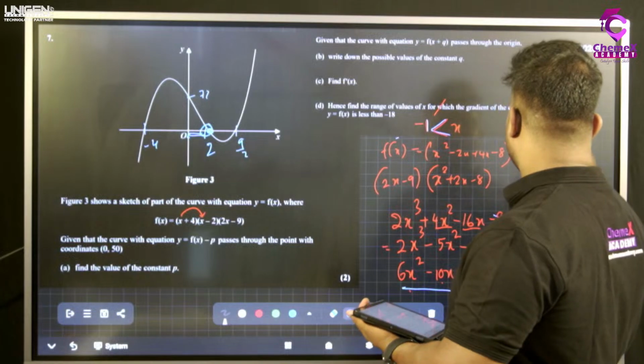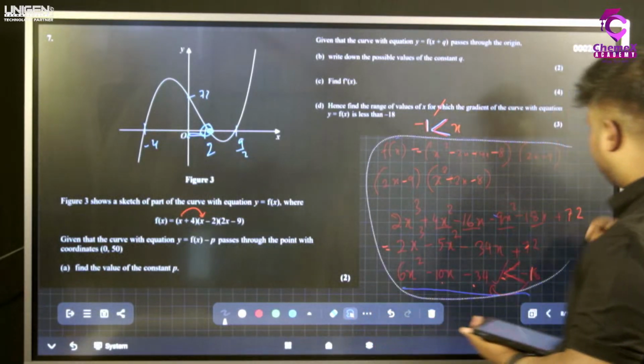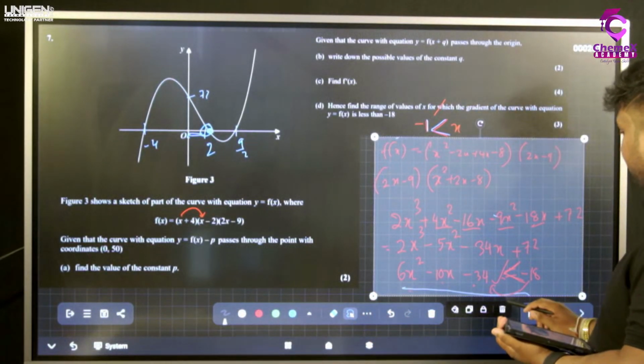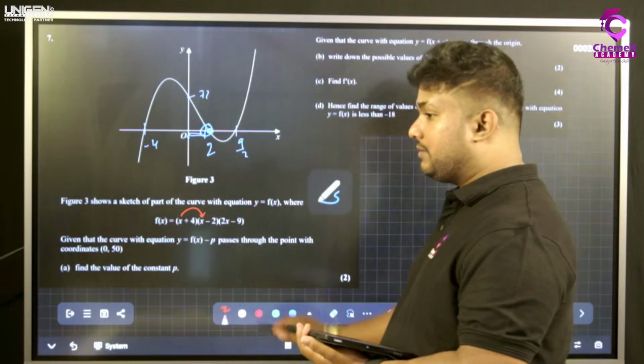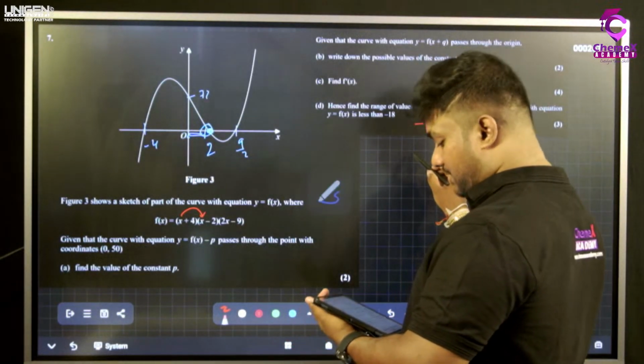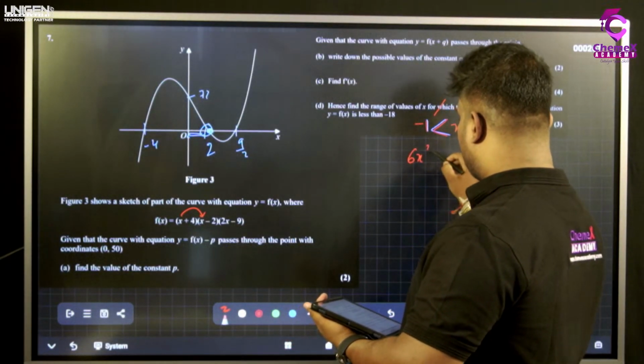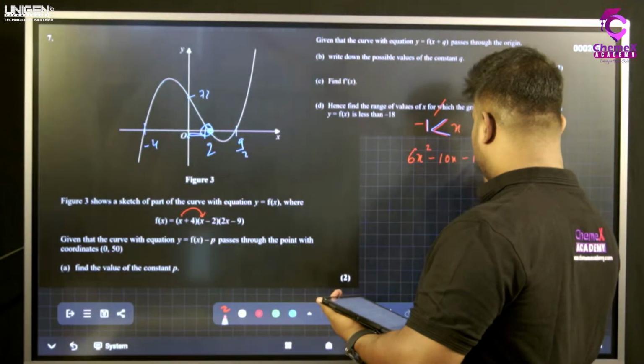Can someone tell me the quadratic equation? Okay, it's 6x squared minus 10x minus 16.